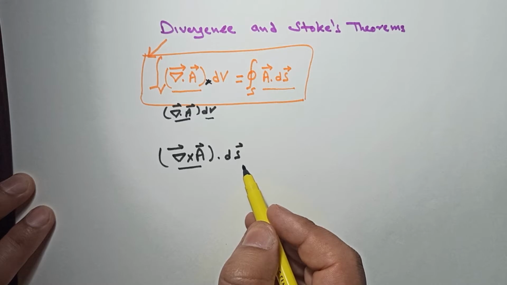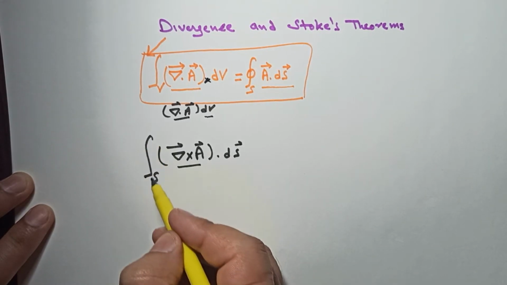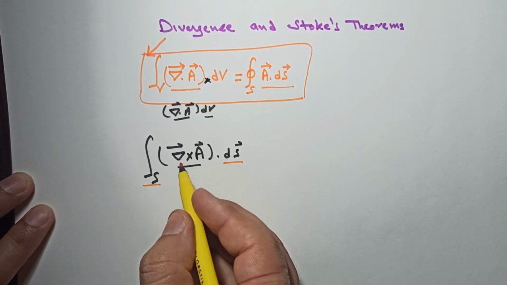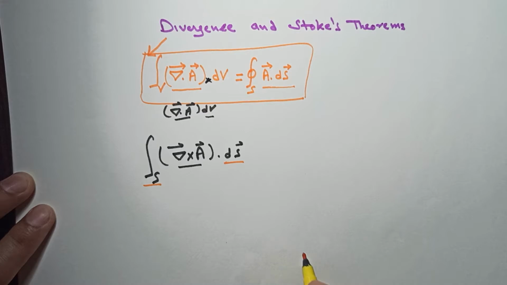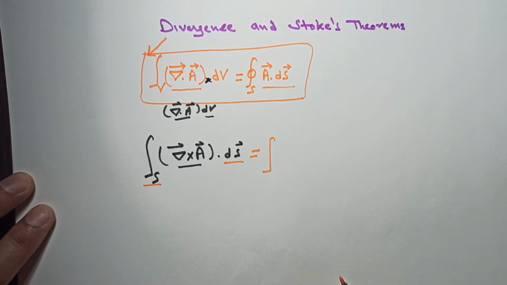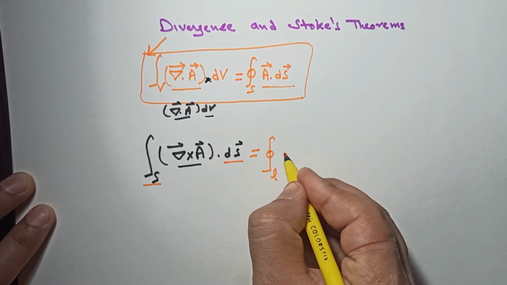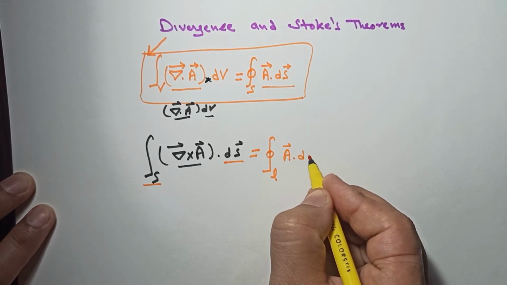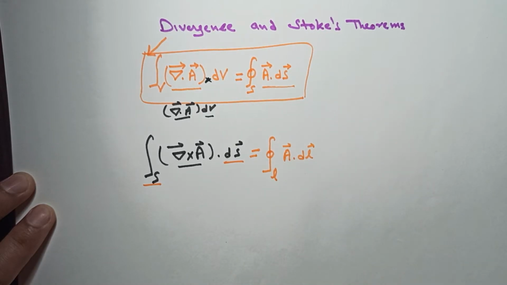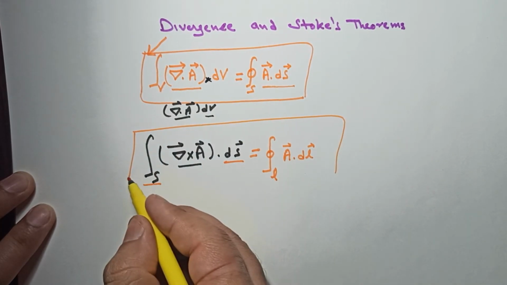So the surface integral of the curl of a vector field is equal to the closed line integral of that vector field A, the line integral along the contour bounding the surface S. So that would be your Stokes theorem.